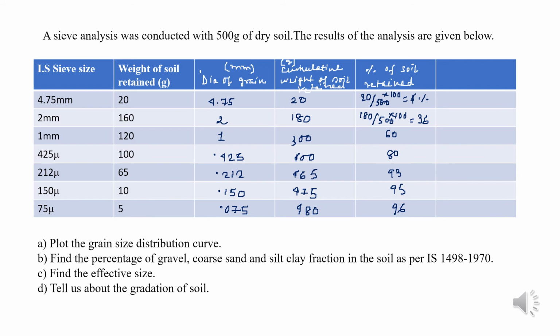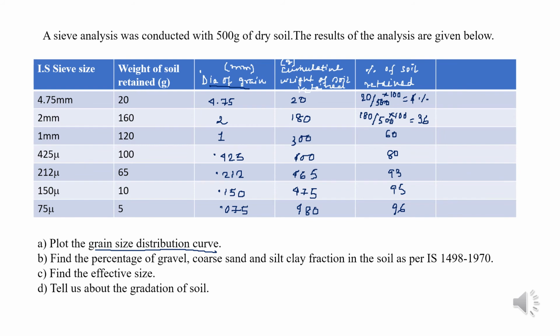Okay, so now finally our main requirement is that we need the percent finer to plot the grain size distribution curve. Right, the percent finer will be plotted on the y-axis and the diameter of the grain will be plotted on the x-axis.